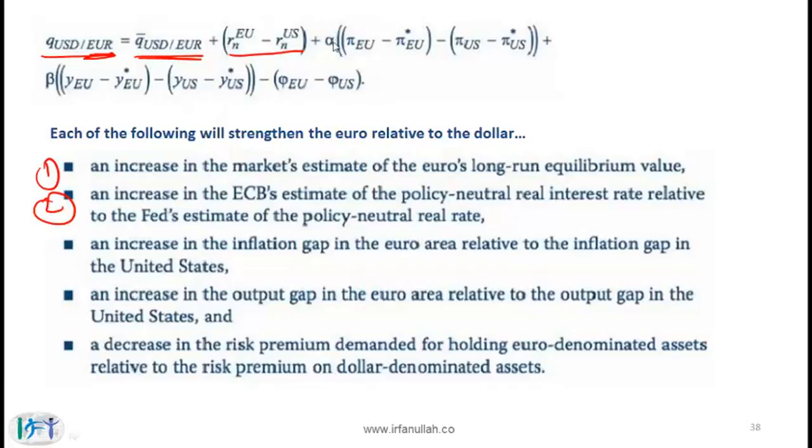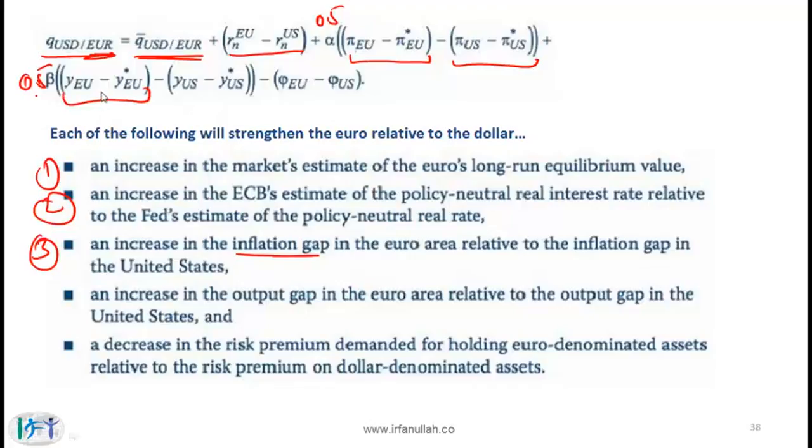In terms of the coefficient alpha, for simplicity, let's assume again that it's 0.5. An increase in the inflation gap, that's the inflation gap in the euro area, relative to the inflation gap in the US will cause the real exchange rate to go up. Let's assume this coefficient beta is also 0.5, and this is referred to as the output gap.